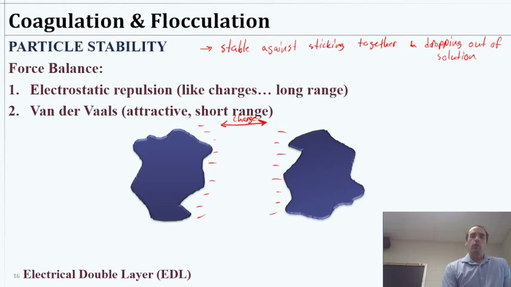Okay, so when we want to know something about these two systems, the electrostatic repulsion diminishes as a function of the distance away from your surface, and I think it diminishes on a scale of 1 over radius squared. So it diminishes with distance.